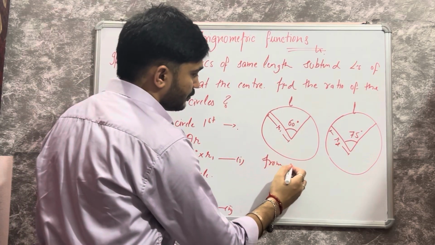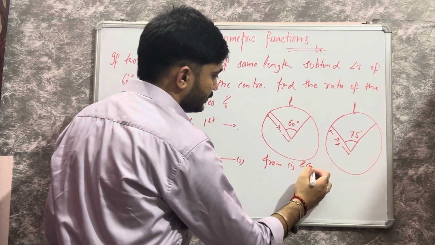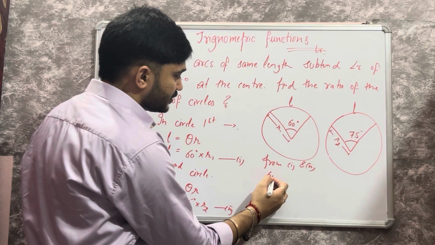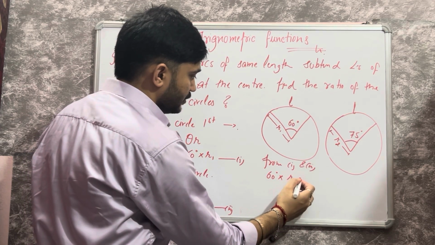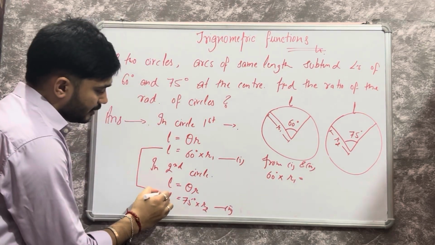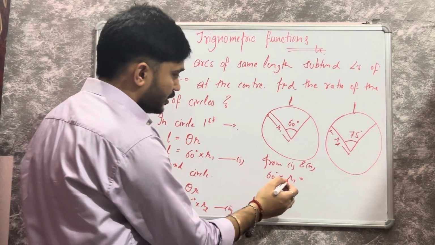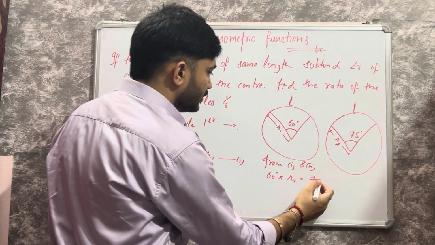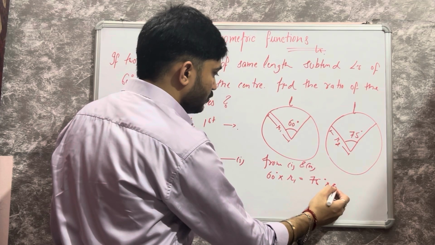From first and second, since both these L are equal, therefore 60 degree into R1 is equal to 75 degree into R2.